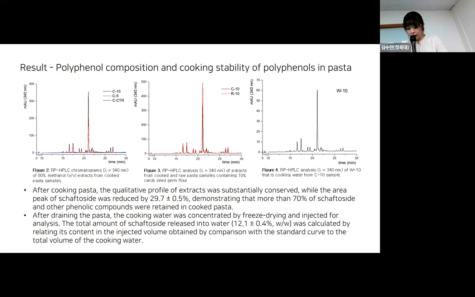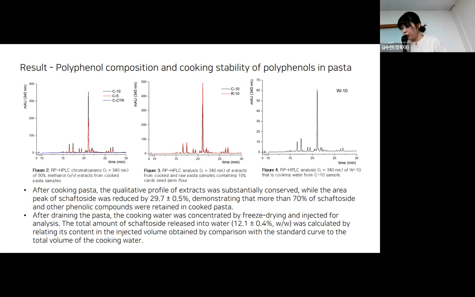And in figure 3, in C10 pasta, schaftoside exhibited a reduction of 29.7 plus or minus 0.5% compared to R10, indicating that more than 70% of its original content was retained in pasta after cooking in extractable form.